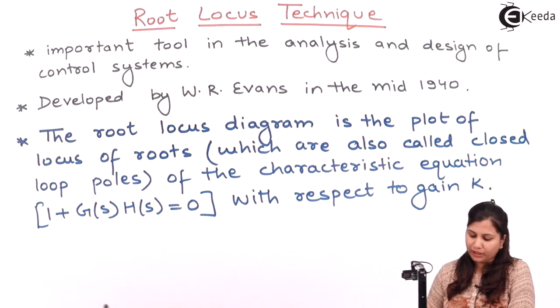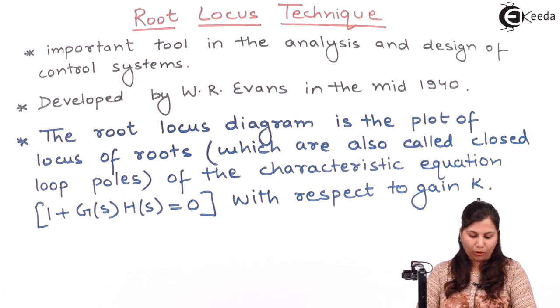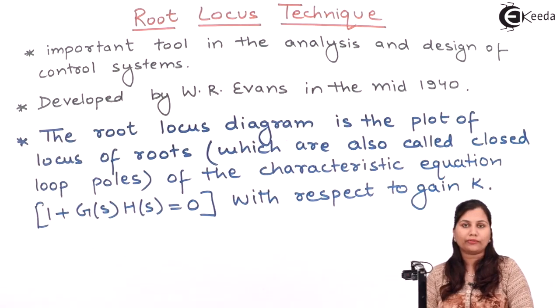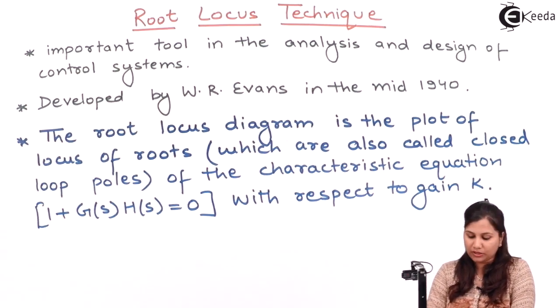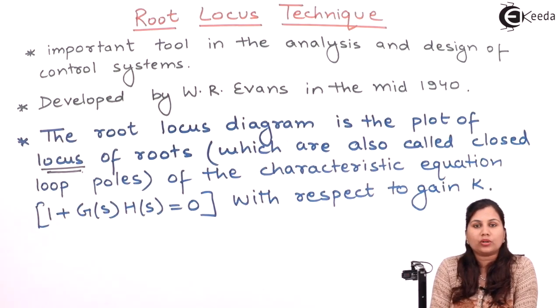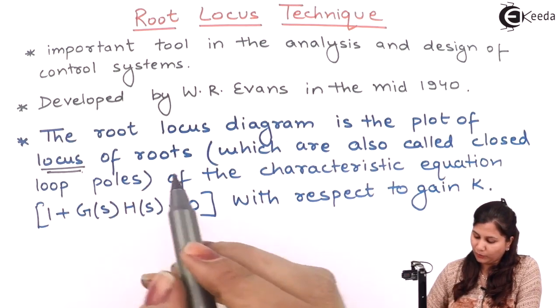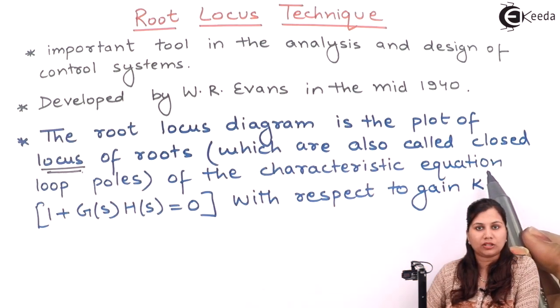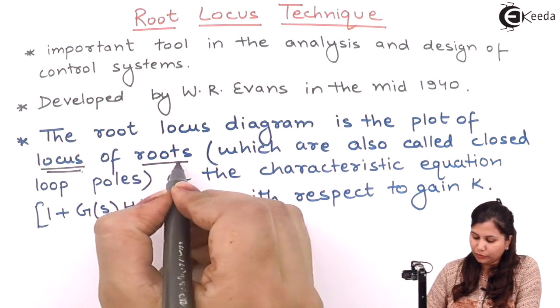Okay, so what we are doing, basically we are plotting the roots of the characteristic equation. Here we have used the term locus. So locus is what? Locus, it is a curve or figure of some points which are satisfying certain equation. Here the equation is the characteristic equation and the points are the roots.